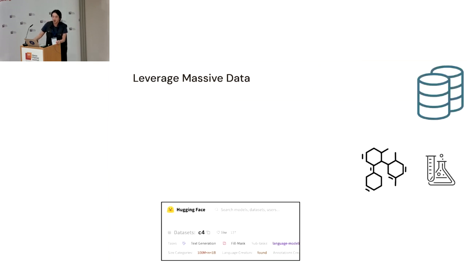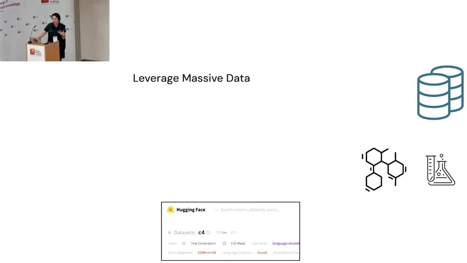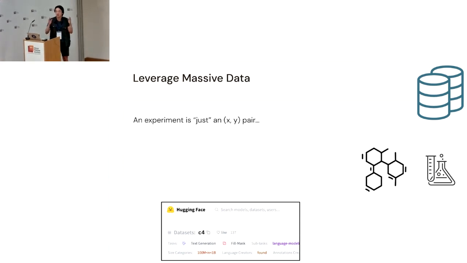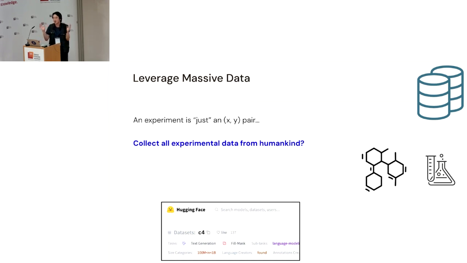Another thing that I think could be done is we can all maybe leverage massive data across all of our AutoML databases. You can sort of see that an experiment is simply just an XY pair. You send in some sort of configuration and you get out some metric. And just as an ideal, maybe we can collect all experimental data from mankind.